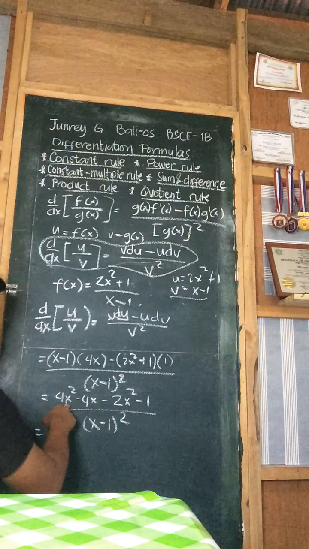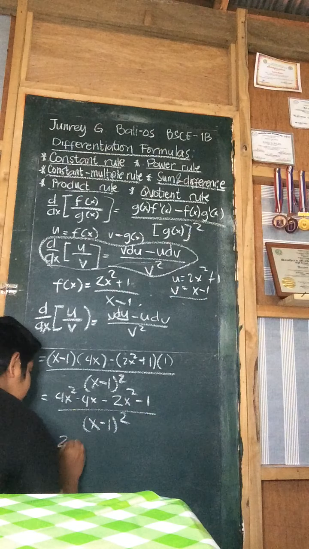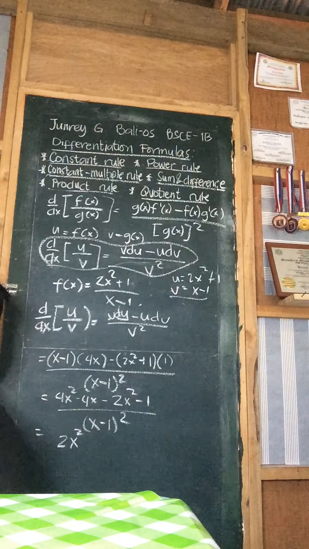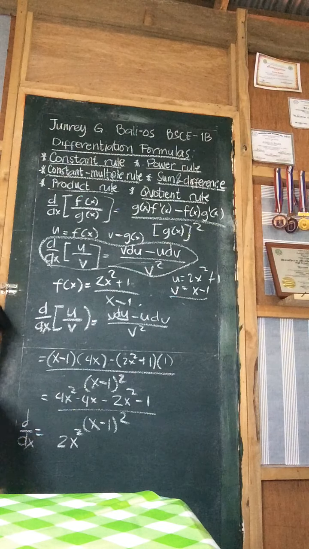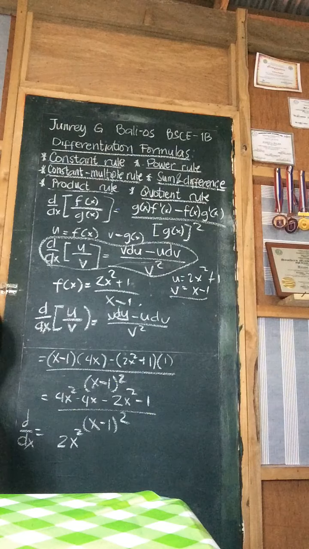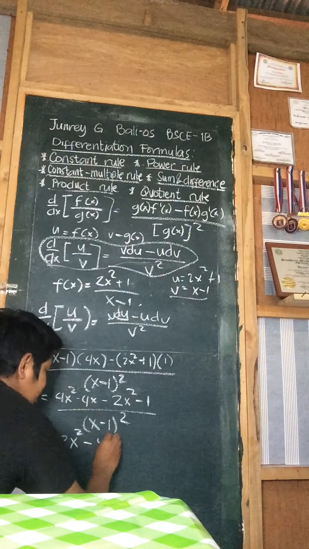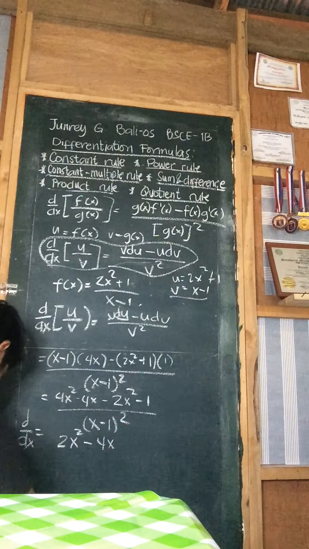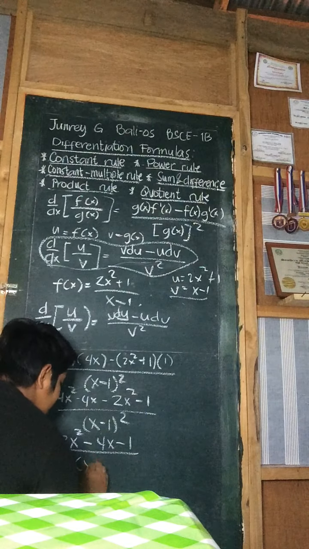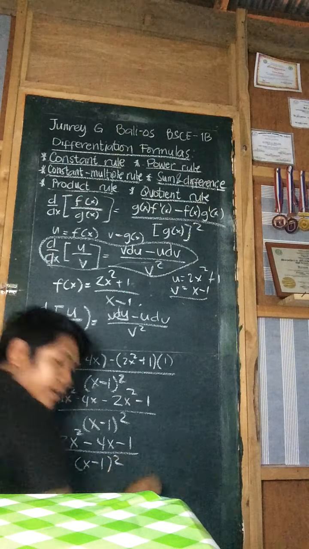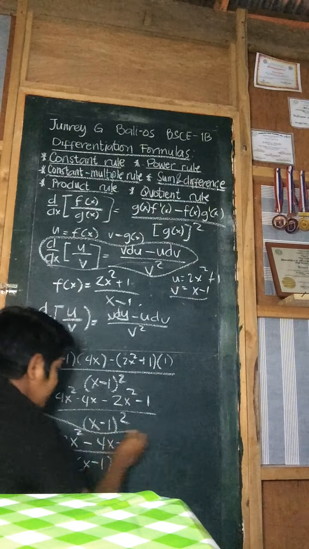Ito and ito: 4x squared minus 2x squared magiging 2x squared na lang. Then, this one, bring down this negative 4x. Then negative 1 over x minus 1 squared. So this is now the derivative of this function.